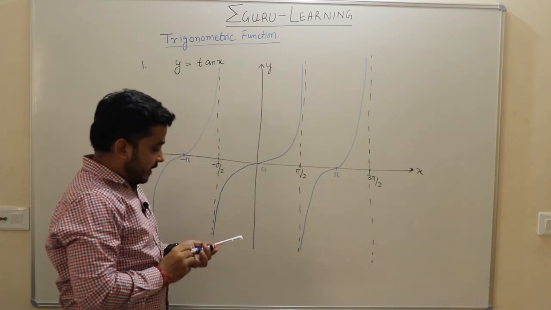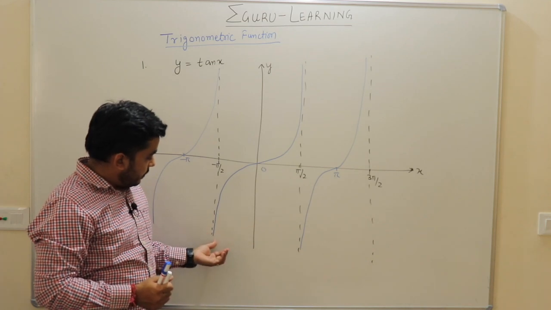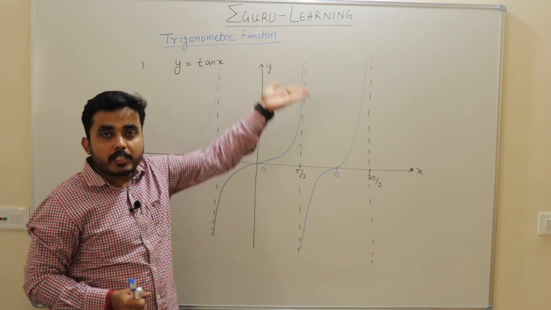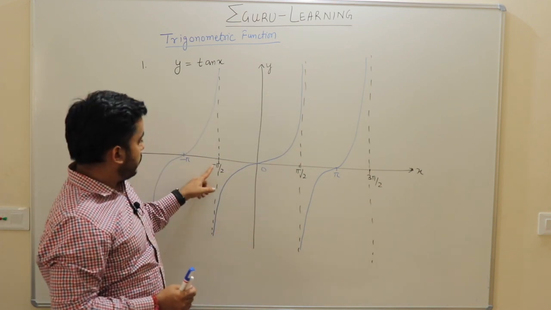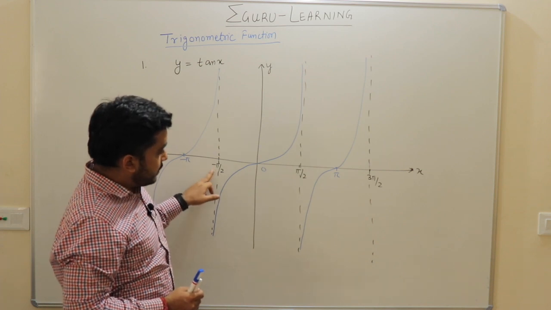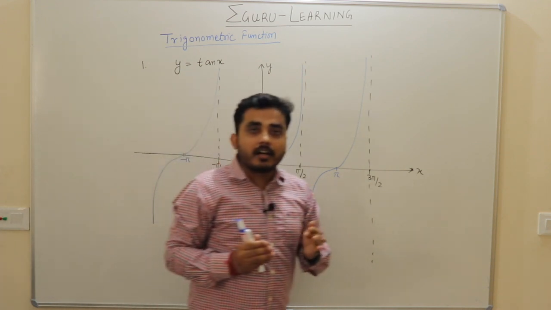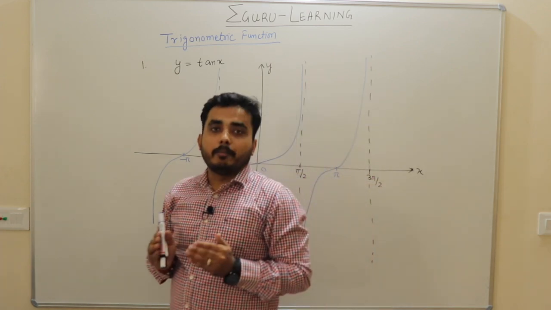Okay, so you can see that the range of this graph of y equals tan x is minus infinity to plus infinity. And talking about the domain of this graph, the graph is not defined at minus pi by 2, pi by 2, 3 pi by 2. So I can say that this graph is not defined at odd multiples of pi by 2.